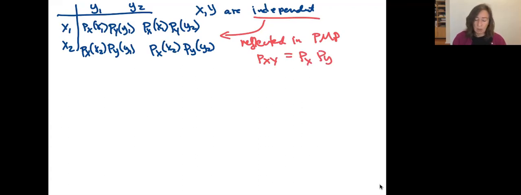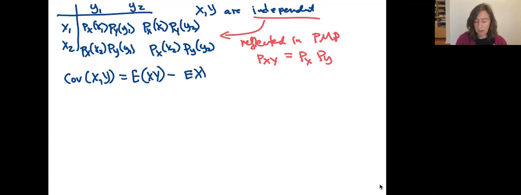Great. So fine, we have our PMF. Let's use that formula to calculate covariance. The covariance of X and Y, we are told, is the expectation of the product minus the product of the expectations. Good. So I can find the expectation of the product from the joint PMF.